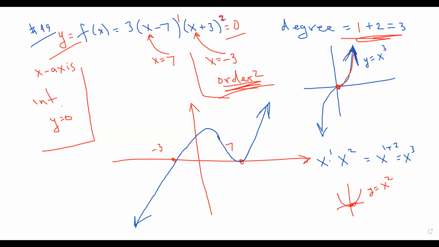So the key idea again is, if you know the degree, the largest power of your polynomial function, well, then you already know the family that it belongs to, and then you can produce an approximate graph.